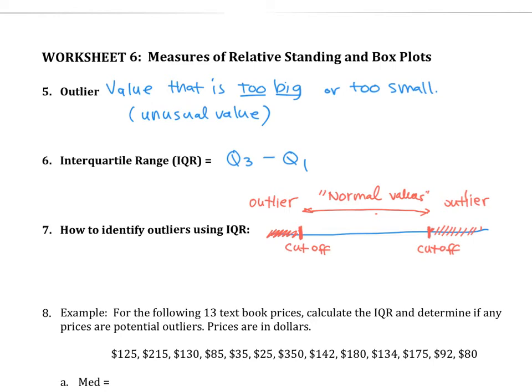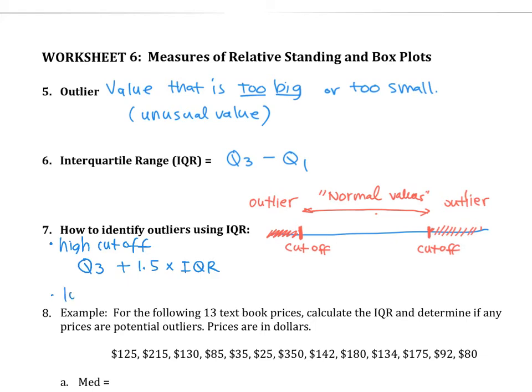Okay? So go back to Q. First thing we will do is find IQR, Q3 minus Q1. Then we'll calculate two numbers. The first one is going to be the high cutoff, calculated by Q3 plus 1.5 times IQR.